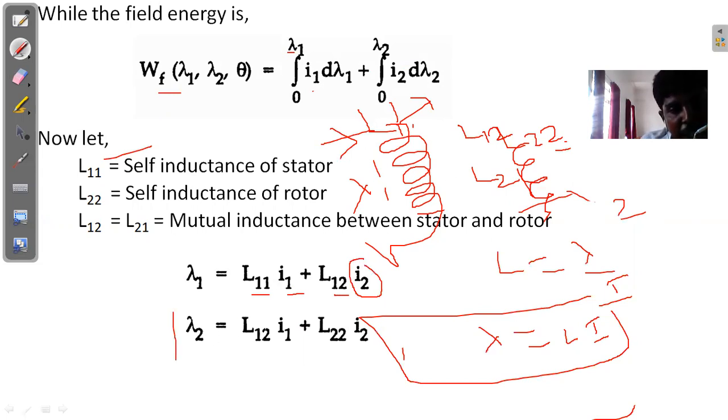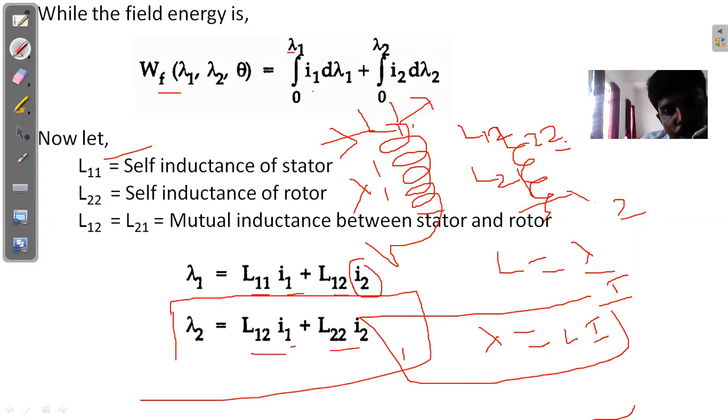Thus the flux linkage of coil 2, lambda 2, equals L12 into I1 plus L22 into I2.